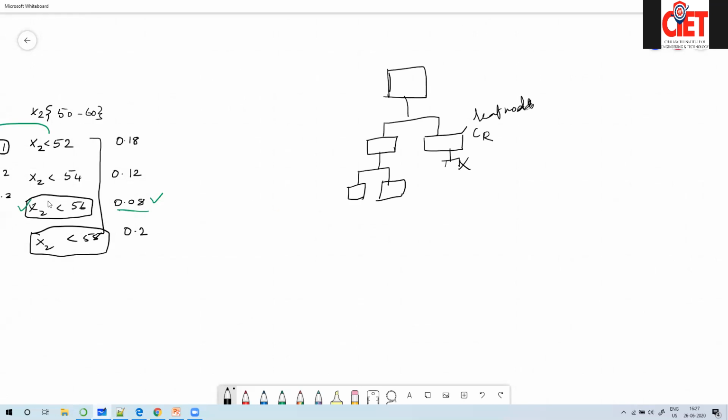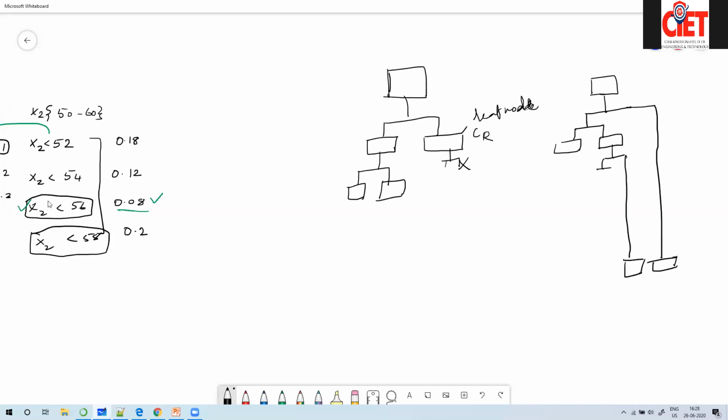So if we cannot split anything further, that's a leaf node. If you want to represent that in an easier form, this resulted in a leaf node directly, so that's a leaf node for us. On this side we have more splits happening, and this one resulted in a leaf node directly, so this is another leaf node for us. And this one is going to split further, so this one got a leaf node for us, this one generated a leaf node for us.